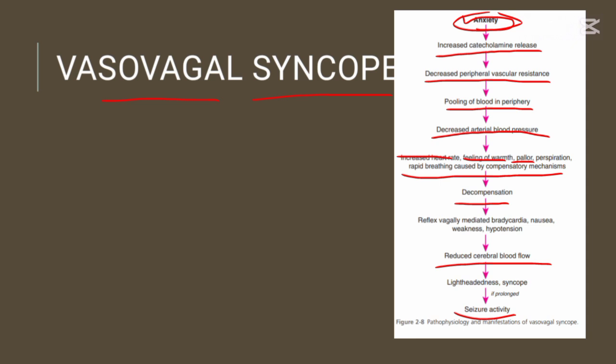Then there will be a decompensation. The increased heart rate will turn into a decreased heart rate. Then the patient will have nausea, vomiting, hypotension, and reduced blood flow, and then the patient will faint. And if this is prolonged, the patient will have seizure activity also.